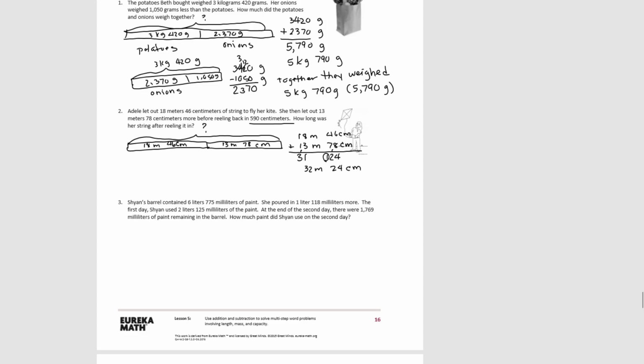Then she's going to reel back in 590 centimeters. So our total now is the amount she let out. And she reeled back in 590 centimeters. And we want to know what's left. So this tells us we need to do subtraction.